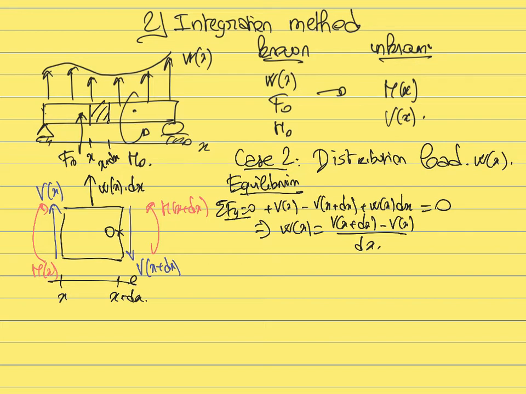So what we find here is that the distributed load is equal to the derivative of the internal shear. That's a very important relationship: when there is a distributed load and no concentrated load or concentrated moment, the distributed load w will be the derivative of the internal shear, which means that, on the other hand, the internal shear will be the integral of the distributed load.